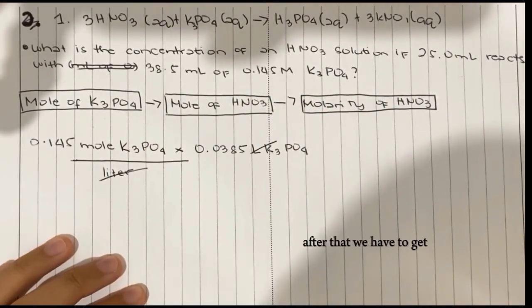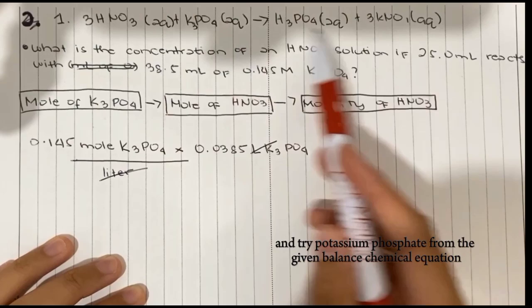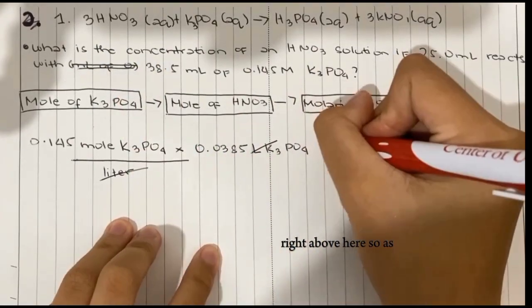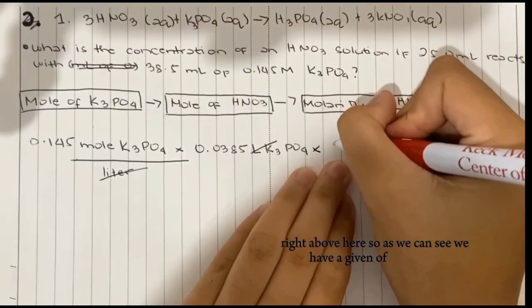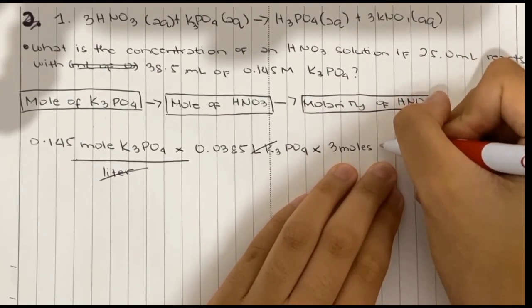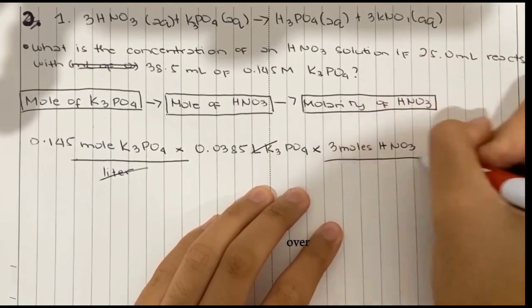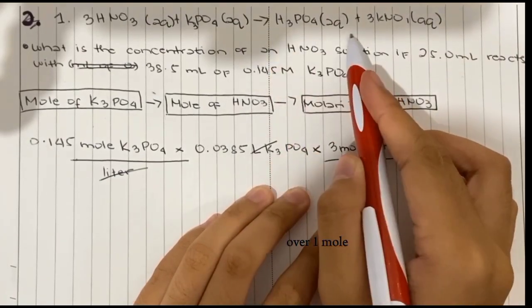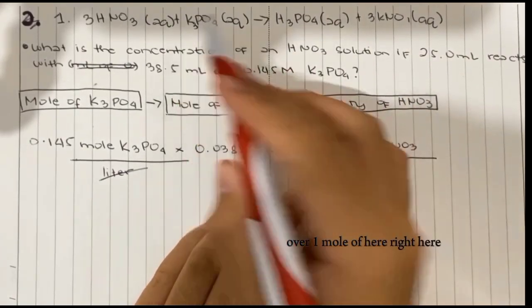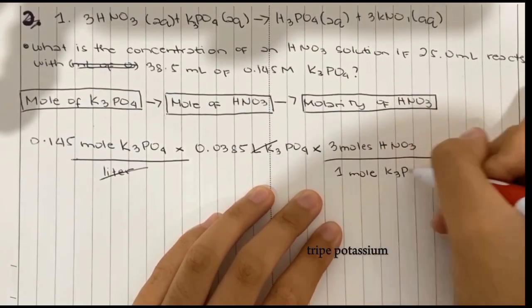After that, we have to get the stoichiometric ratio of nitric acid and tripotassium phosphate from the given balanced chemical equation right above here. So as we can see, we have 3 moles of nitric acid over 1 mole of tripotassium phosphate.